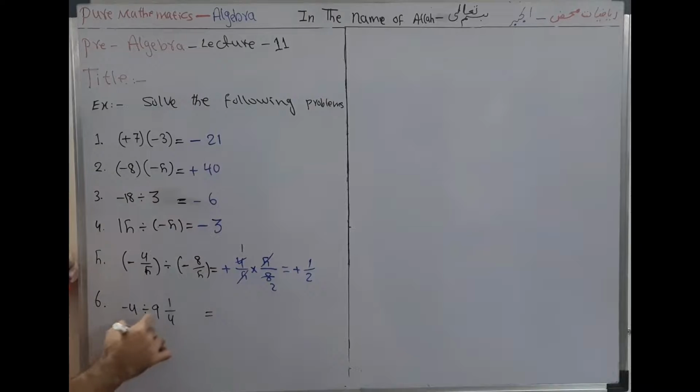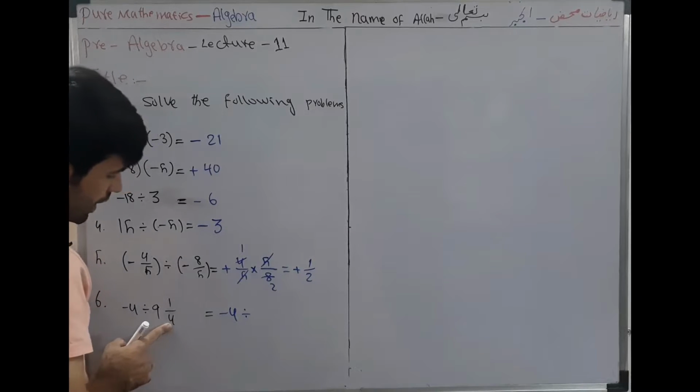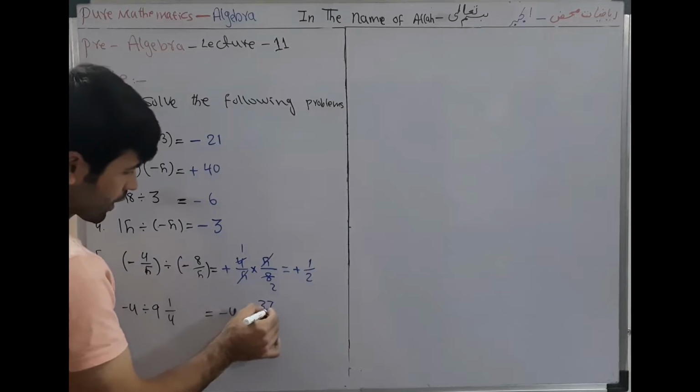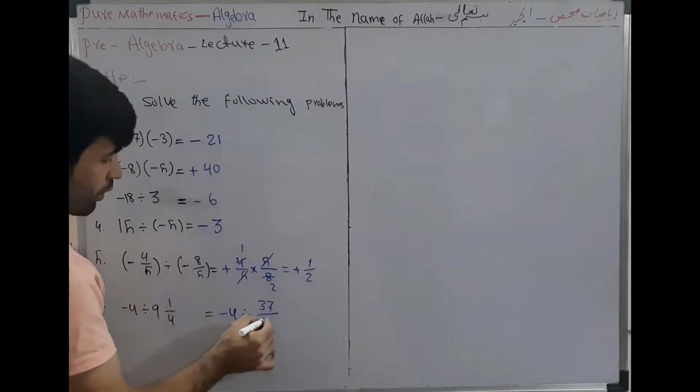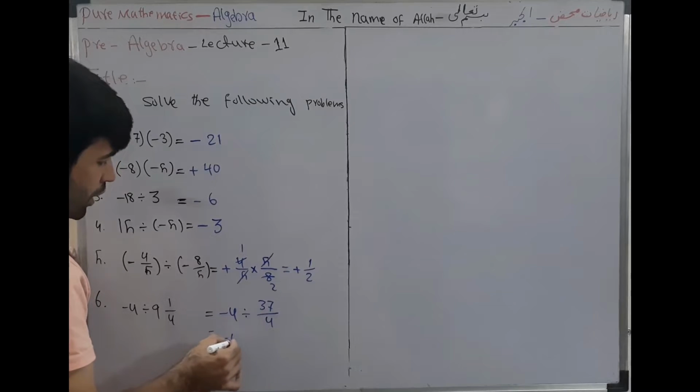Number 6: minus 4 and 1 by 9. First we want to change this mixed number to a fraction. 9 multiplied by 4 is 36. 36 plus 1 is 37. So it is 37 divided by 4. It is equal to minus 4 divided by 37 by 4.